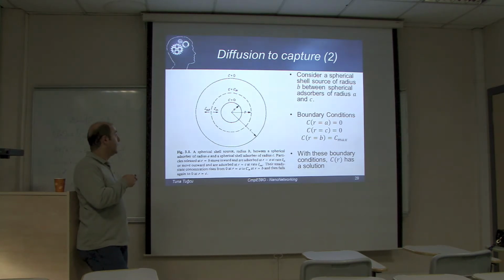And yet another adsorber surface here. Okay? Then that means the molecules are released from the distance of b. They make random movements. If they touch this surface, they're adsorbed. Actually, they're received by this molecule.